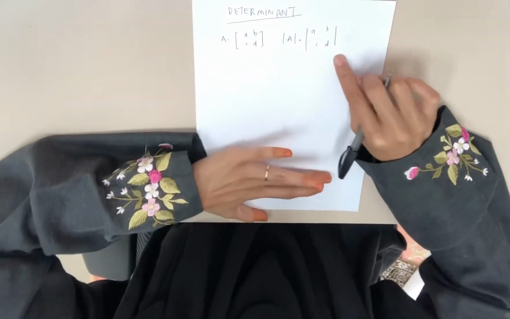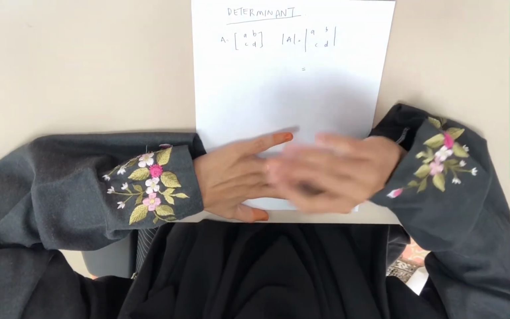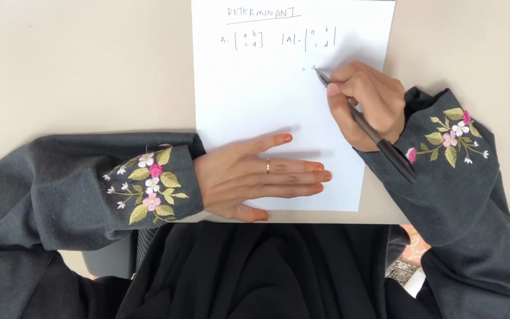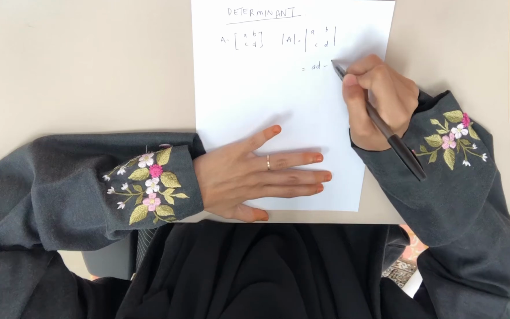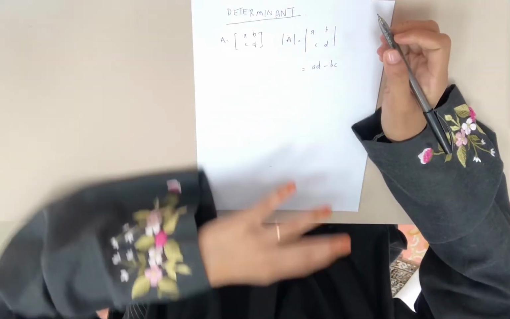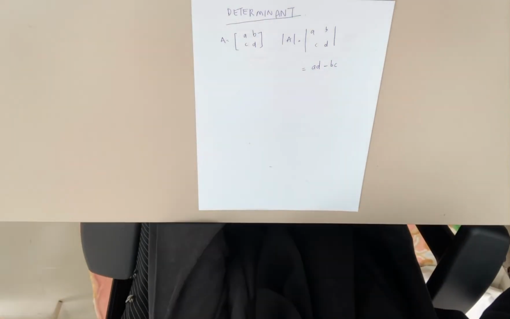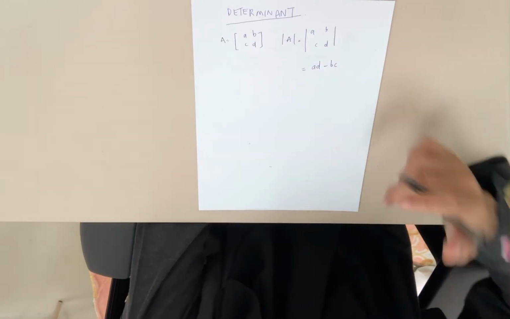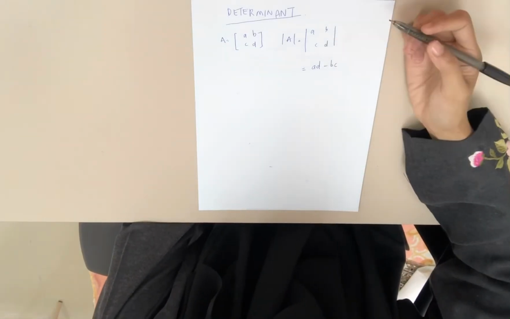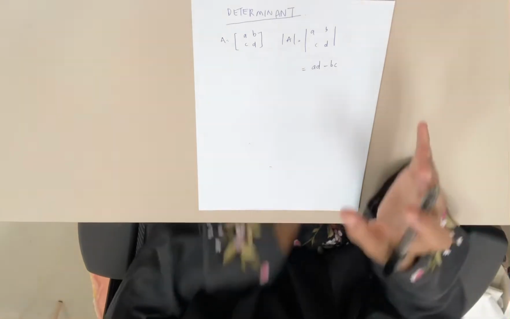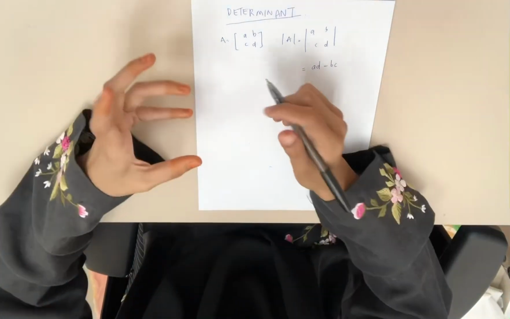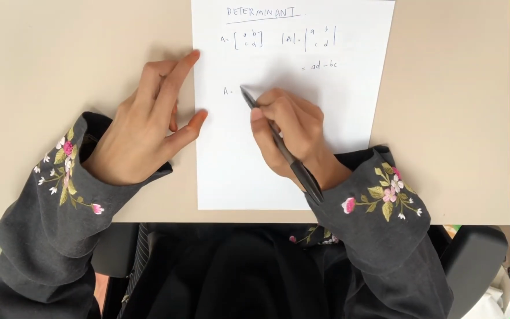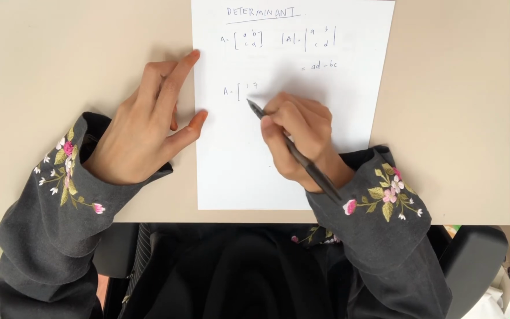How to find the determinant for 2x2? It's easy. You just multiply AD minus BC. For example, I give you numbers. Matrix A is 1, 7, 4, 9.